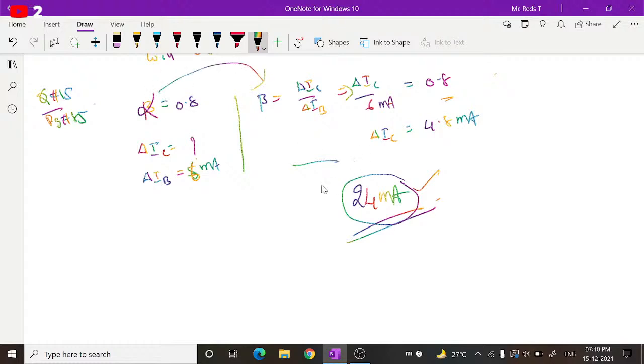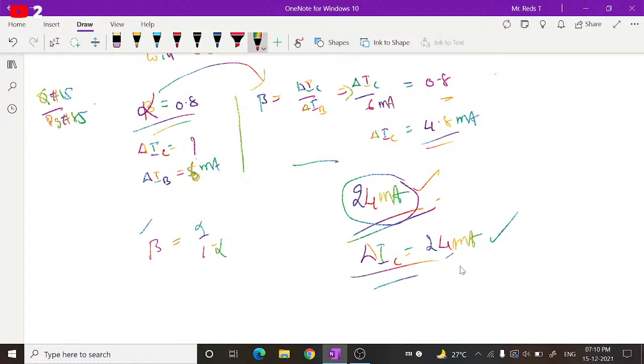Since the data is not given, we will cross check and take it. If it is alpha, then you have to use the relation between alpha and beta, beta equals alpha by 1 minus alpha. Then substituting this, you will get delta IC equal to 24 milliampere. Otherwise, if the given one is beta 0.8, then you will get the other answer. For this to be the correct answer, the given value should be alpha. We'll discuss this once again.